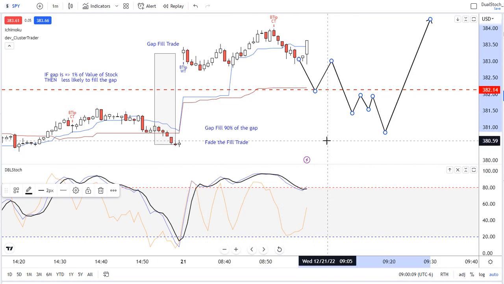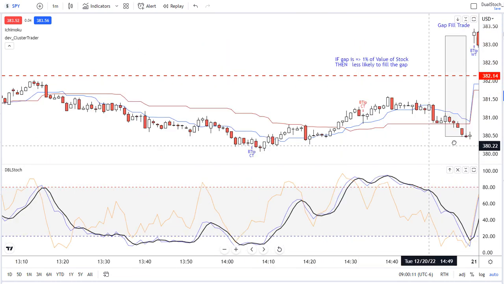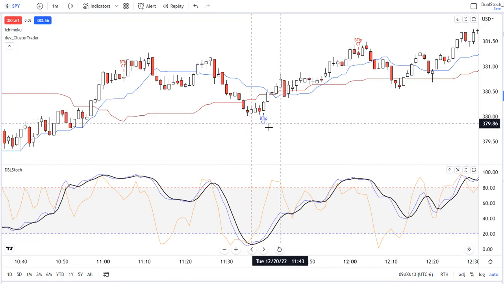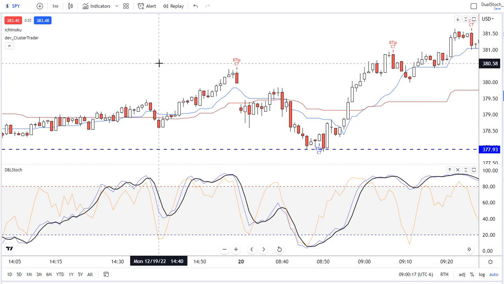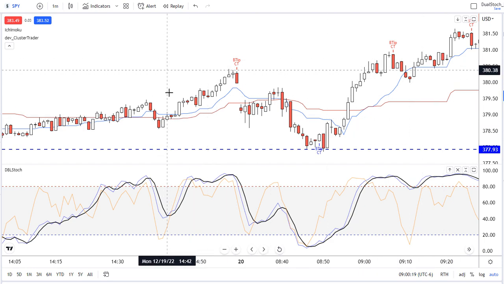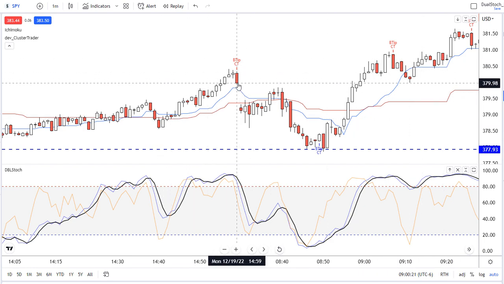Okay, so gap fill. Let's take a look at evidence of this from yesterday's session. So in TradingView on the ES, you'll note right here, there was a prior session close. Now if you look down at the bottom of the chart, it says 14:59. That's Central Time.